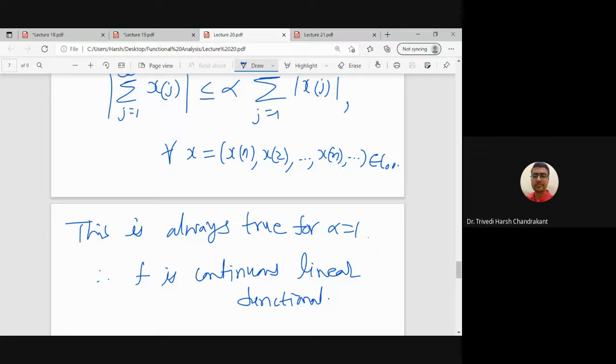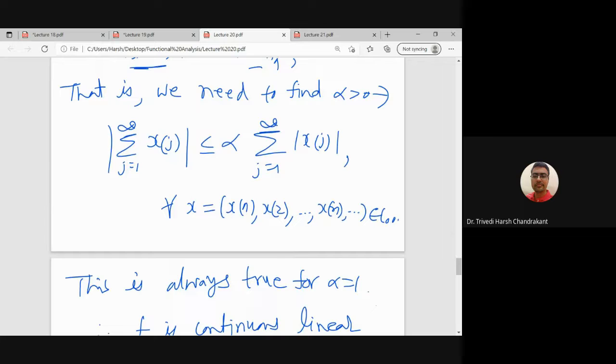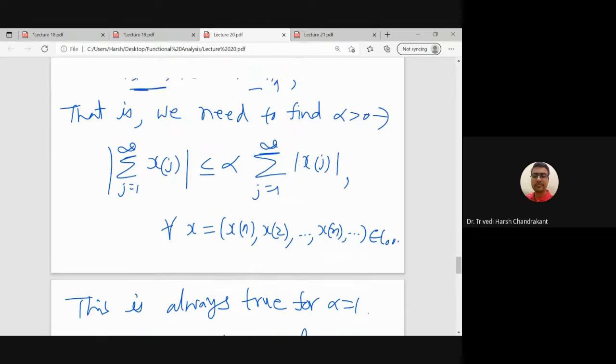So basically this is absolute convergence that we are using here. Every absolutely convergent series is convergent. That is exactly what we are using here.